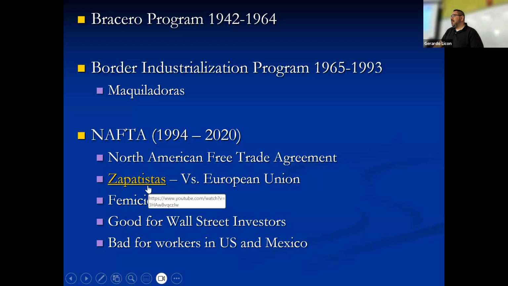And then there was a lot of undocumented immigration to the United States in the 1990s. One of the largest waves of undocumented immigration since the 1920s.